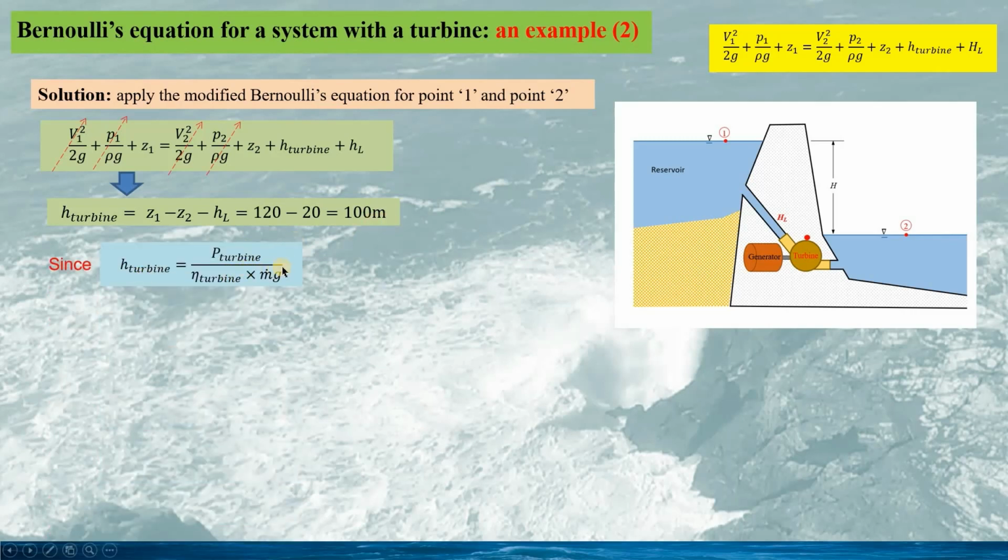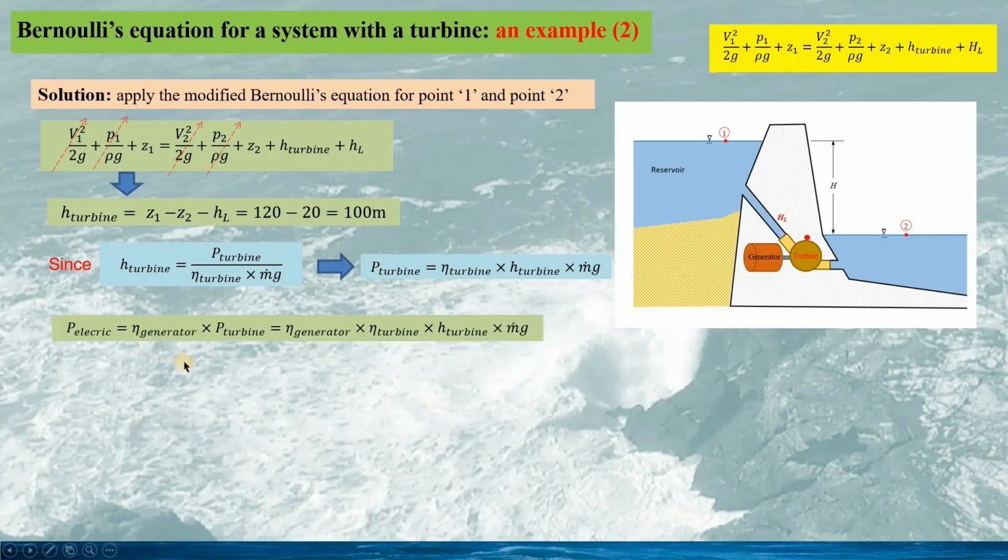Since H turbine is given by this formula, we can obtain the turbine power output by this formula. The electricity generated by the generator would be given by the efficiency of the generator and the shaft power available to the generator, P turbine.